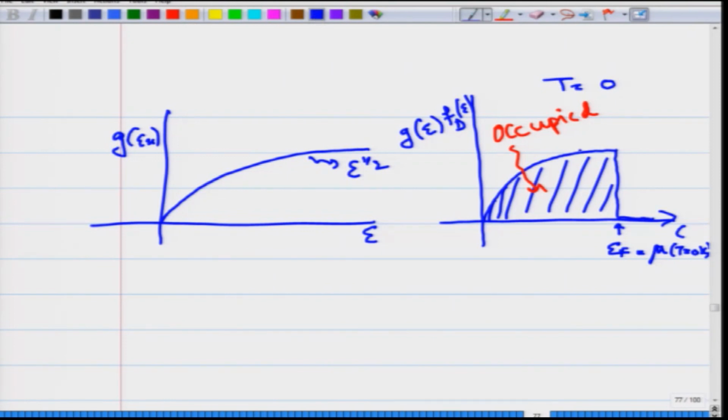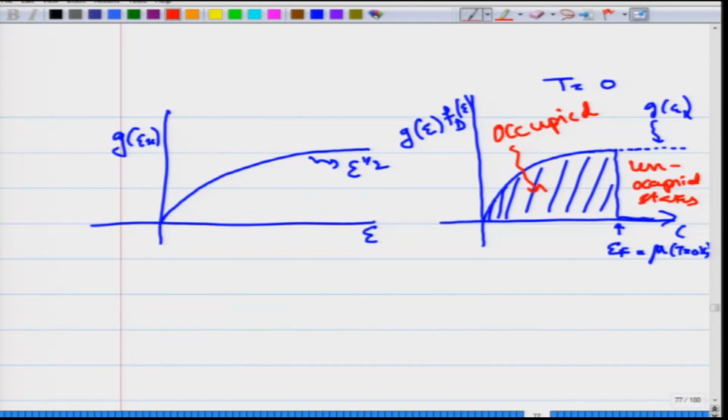and although this is G(E), although it continues as E raised to half above the Fermi energy, these are unoccupied states.